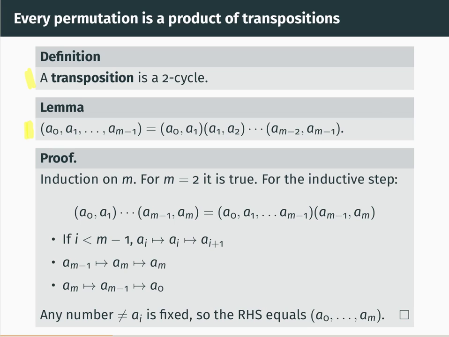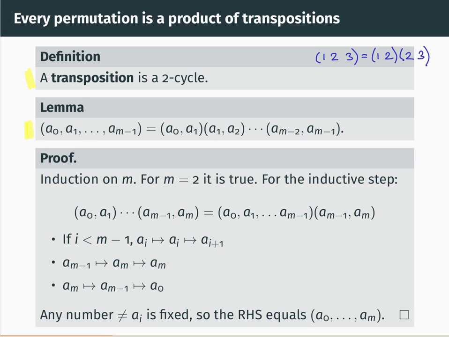So if you have an m-cycle (a0, a1, up to am-1), then that's equal to the composition (a0, a1)(a1, a2), and so on up to the final two-cycle (am-2, am-1). For example, this result is claiming that the 3-cycle (1, 2, 3) is equal to (1, 2) composed with (2, 3).